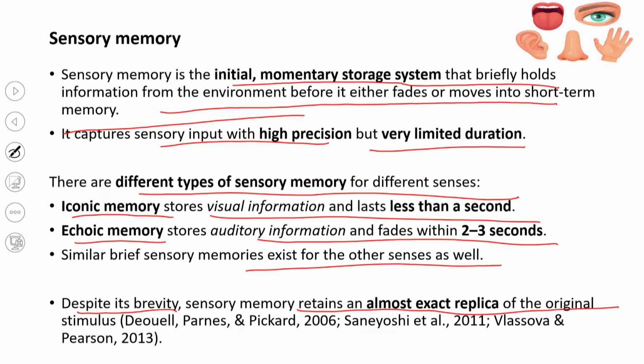Whenever we see something, when the information is in the sensory memory, it exactly catches whatever we see for a second. Obviously, when you process it further, it can get distorted. But in the sensory memory, it captures an exact replica of what you see, what you hear.